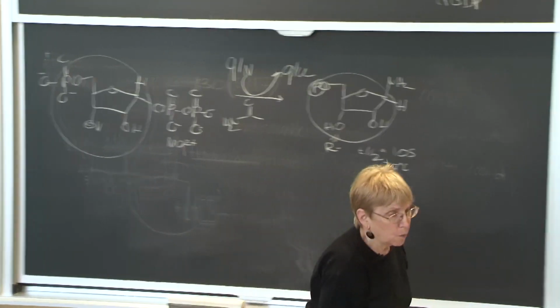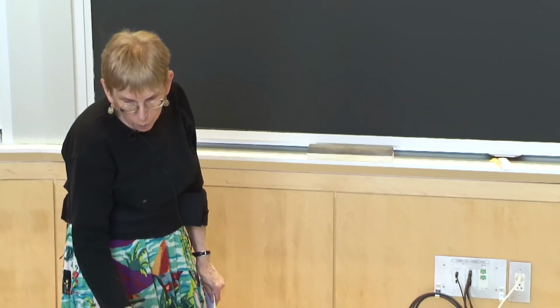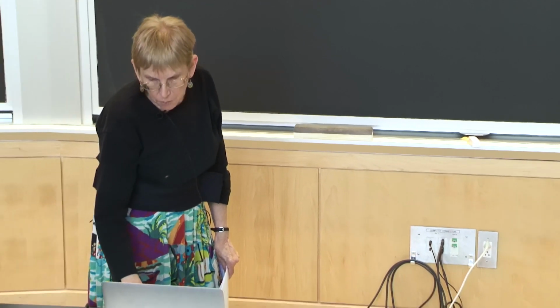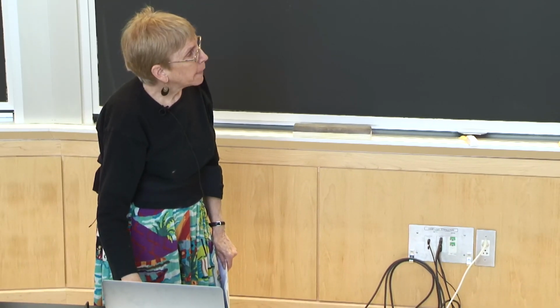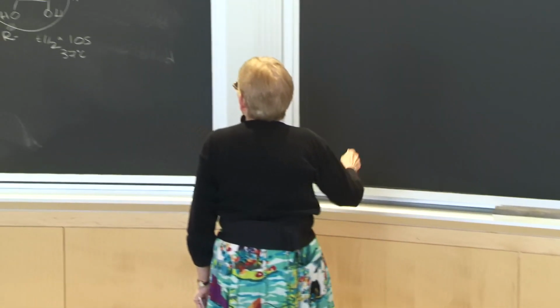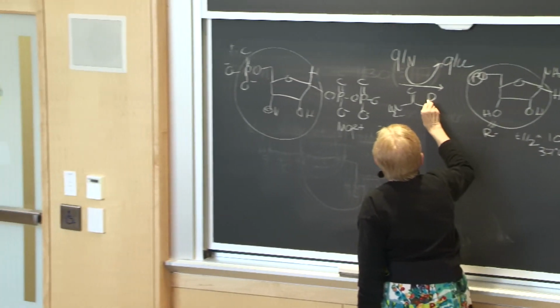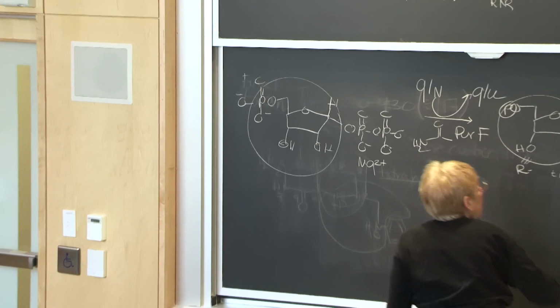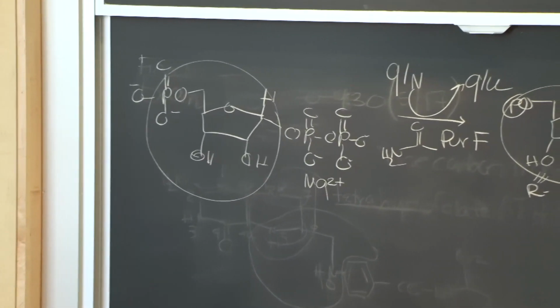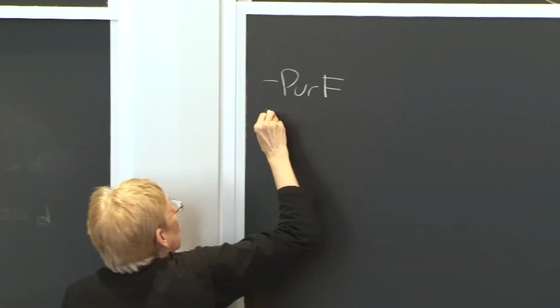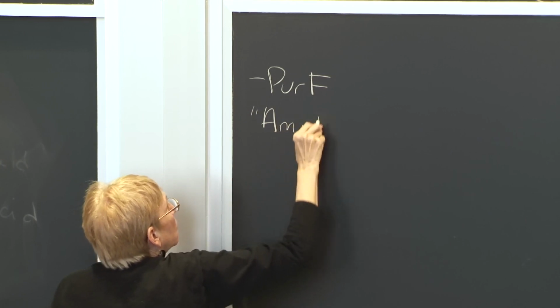So how does this happen? What I want to do is talk a little bit about this enzyme. If we call this PurF, just so we have a name, PurF is called an aminotransferase.